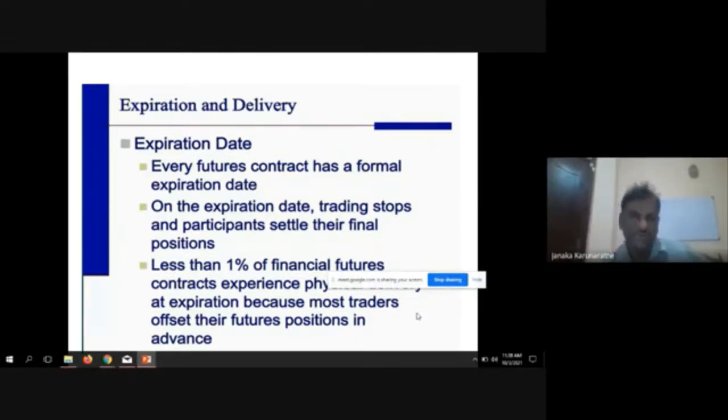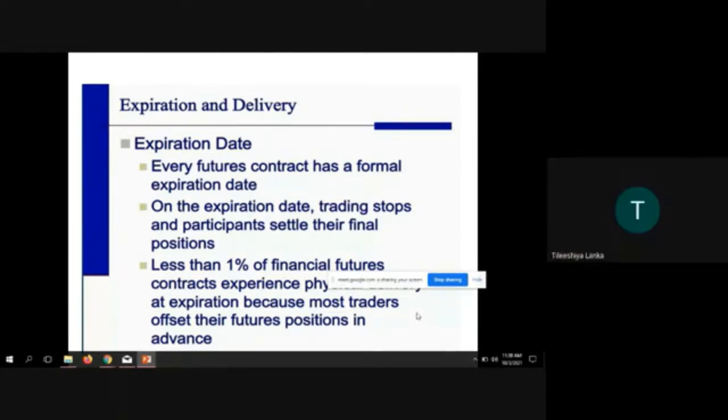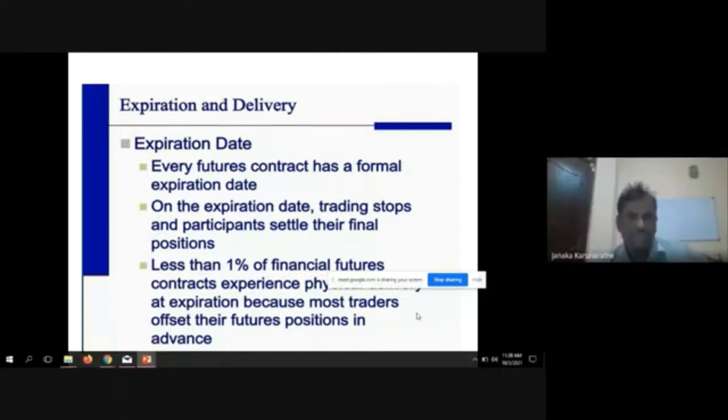If the price goes up, the seller will give me the difference. If the price comes down, I have to give the difference to the seller. So that's how it takes place.